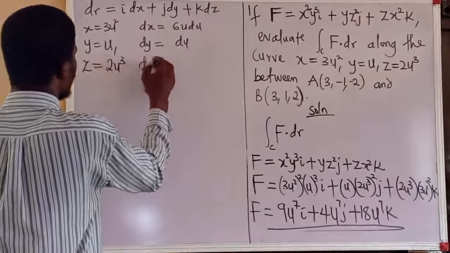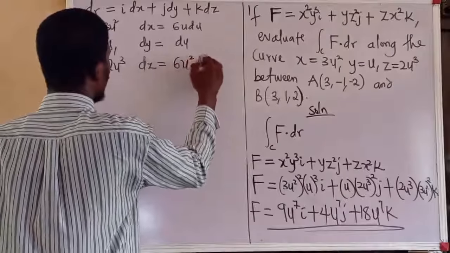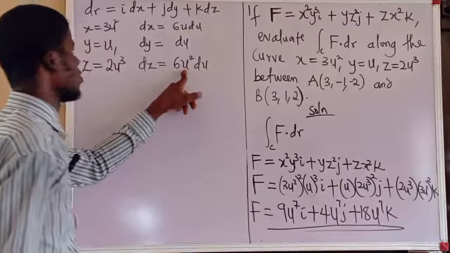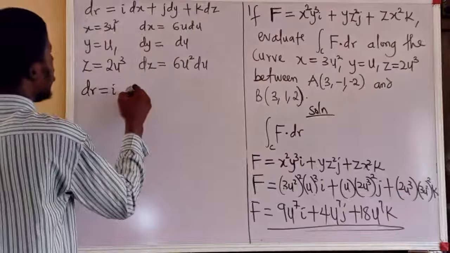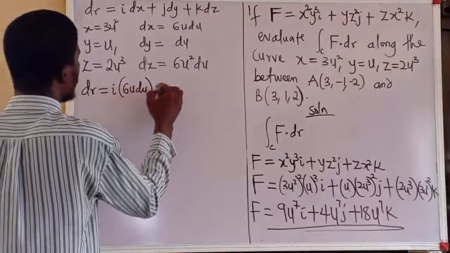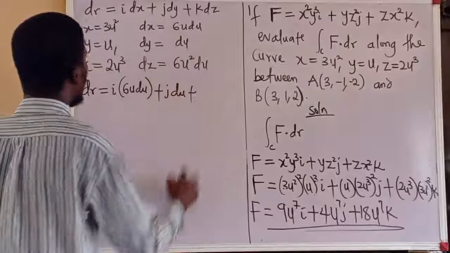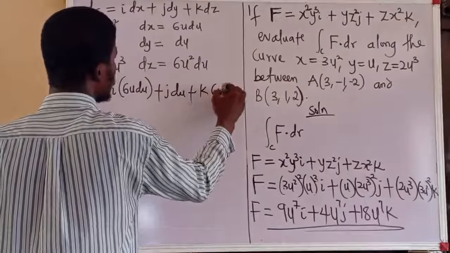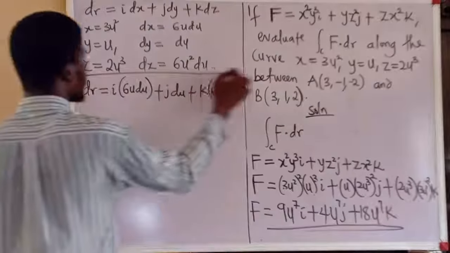So dz is 6u squared du. Differentiate 2u cubed with respect to u, that's 6u squared. So the arrow is now equal to i into, what's dx? 6u du. What's dy? du. And what's dz? 6u squared du. These are the arrow.